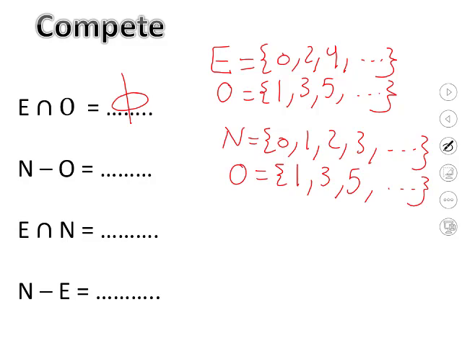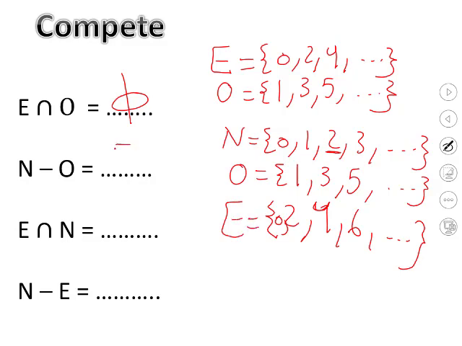So N difference O means the elements that exist in N and not in O. What are the elements that exist in N and not in O? 0, 2, 4, 6, and so on. So these elements are the set of even numbers. So N difference O equals the set of even numbers.